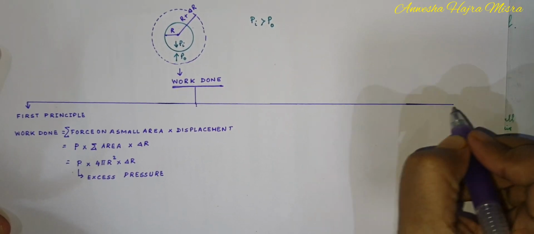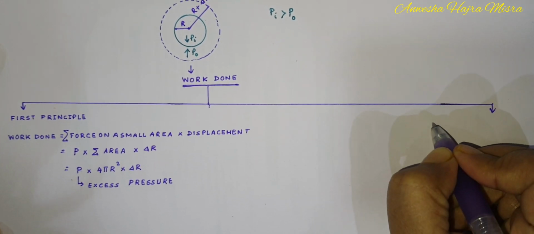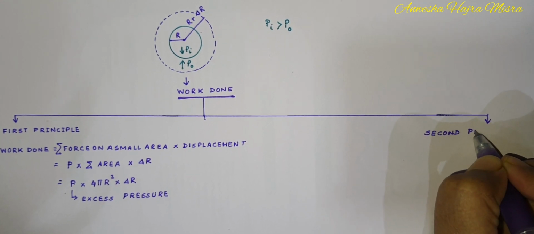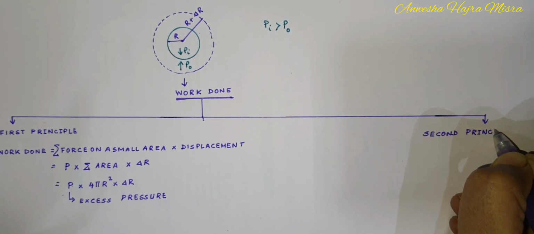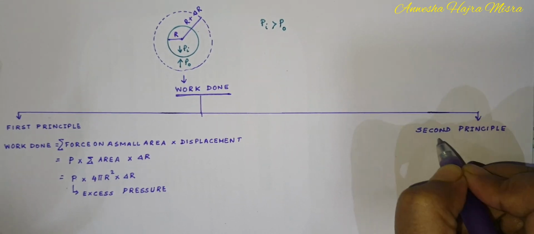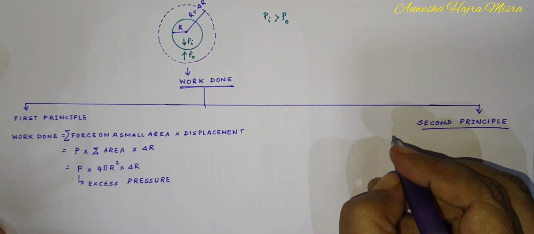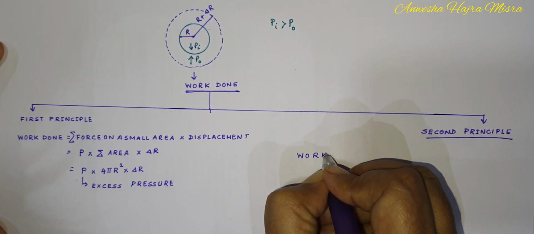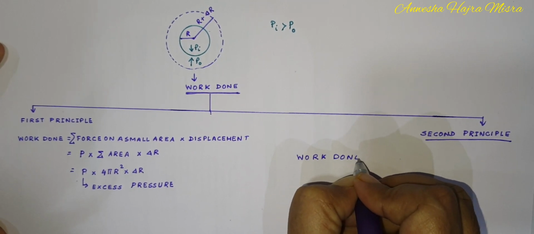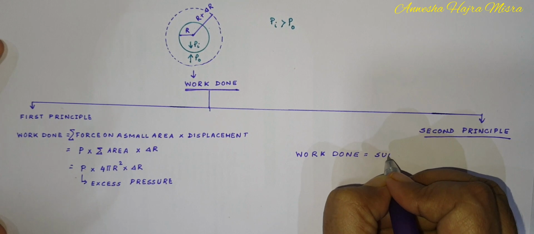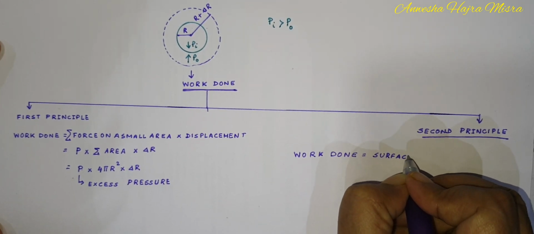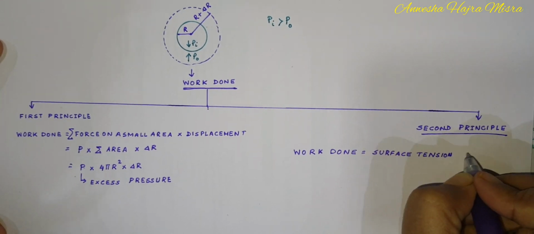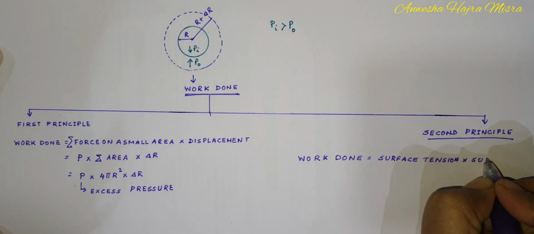Now from the second principle, work done can be written as surface tension into surface area created.